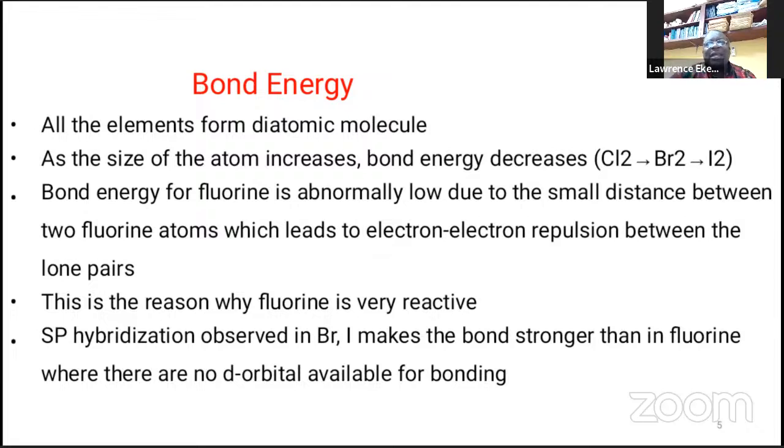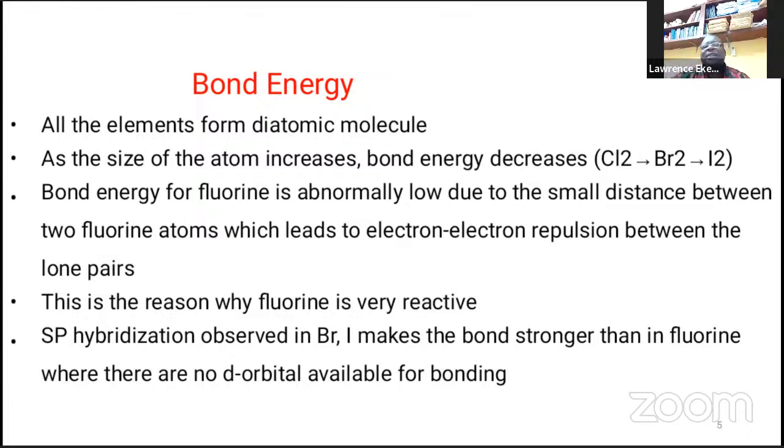They don't just exist as an atom, because of stability. When we say diatomic molecules, that means two atoms bonded together to form a molecule. So you have F2, Cl2, Br2, and I2.